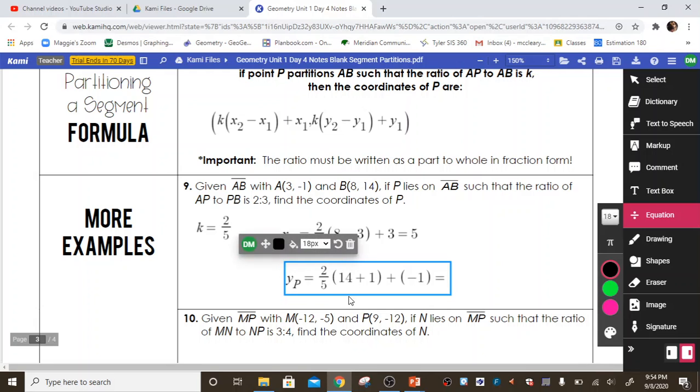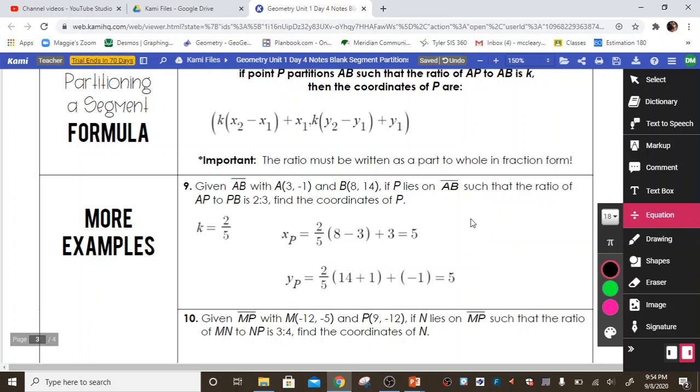So 14 plus 1 is going to be 15, and then we want to multiply that by 2/5, which is going to be 6. I did that in my head by saying 15 times 2 is 30. 30 divided by 5 is 6. And then 6 plus a -1 is a positive 5. So that is our y coordinate. So point P is going to be at the coordinates 5, 5.